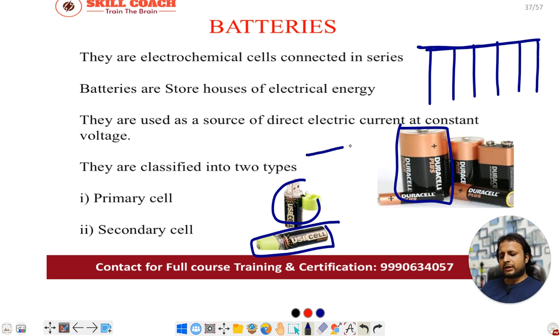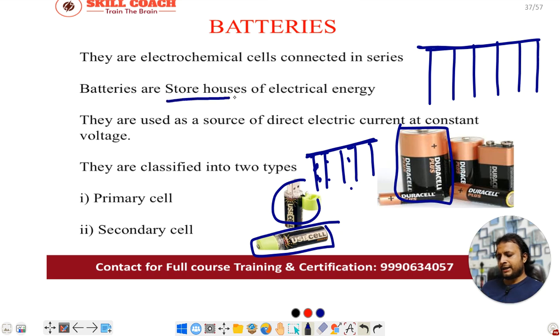And it is not just one row; we connect like this and like this. Suppose 6 cells are in this order and some cells in this order. I will explain series and parallel connections with calculations, but just know about it.